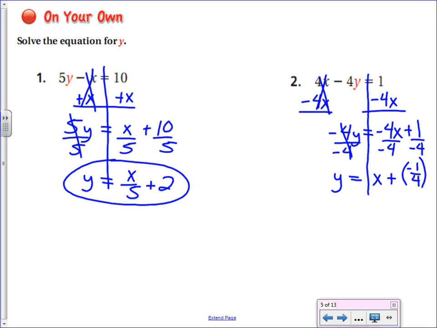Okay? And the cleaner version of that, which I would prefer, is y equals x, not x plus, but x minus 1/4. So that is the cleaner version of it. It is not wrong if you write it as y equals x plus negative 1/4. Still the same thing.